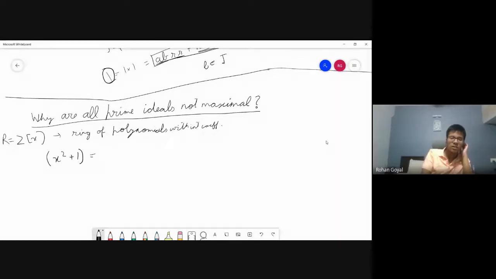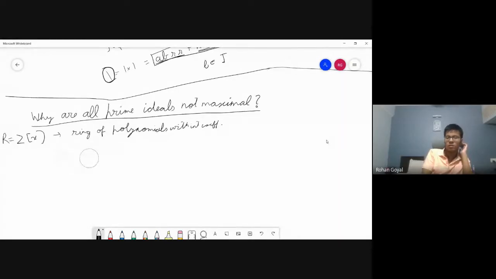In general, I should have mentioned this, for some reason I forgot. There were these ideals that we just made, J equal to aR, such that r is in R. So we have a short notation for these.